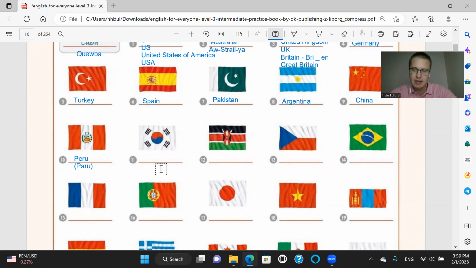Somebody in one of my classes asked me if we can pronounce the Latin American countries with their Spanish pronunciation when we're speaking in English. So for instance, could I say, last year I traveled to Peru, or would I say it with the English pronunciation? And the answer to that is we can do either one.